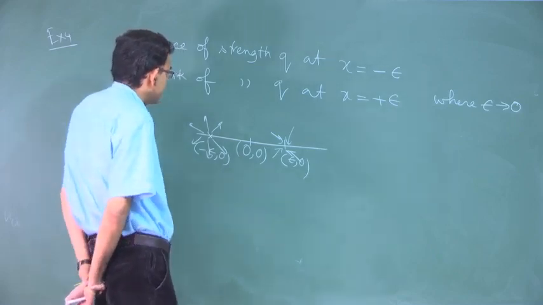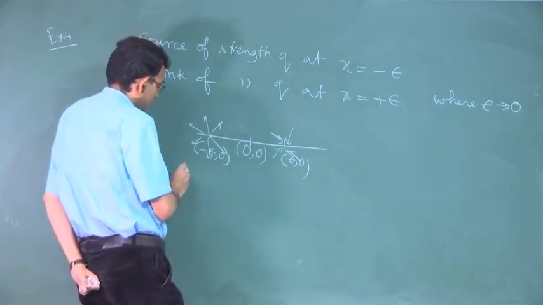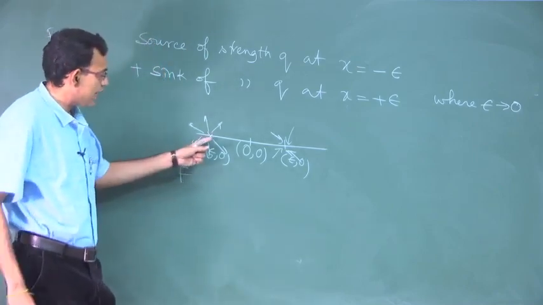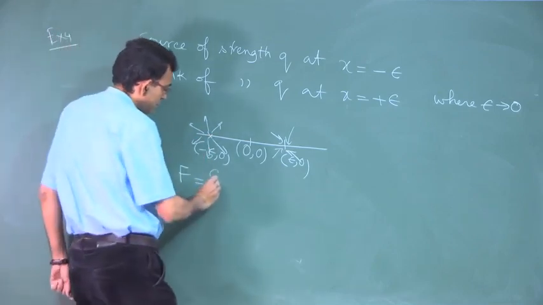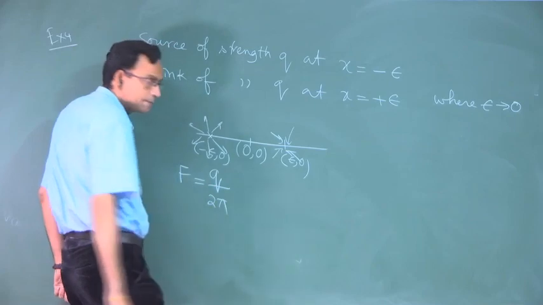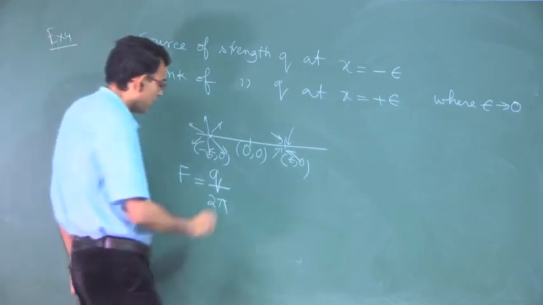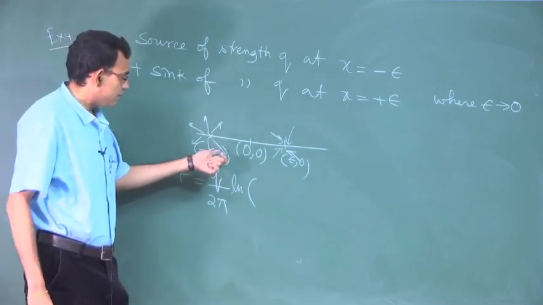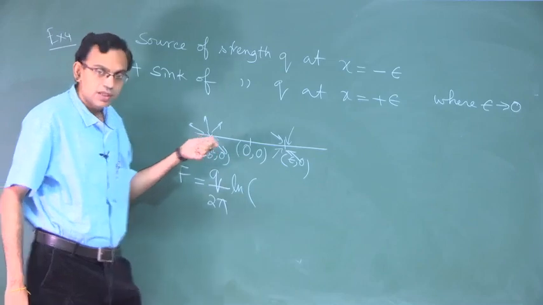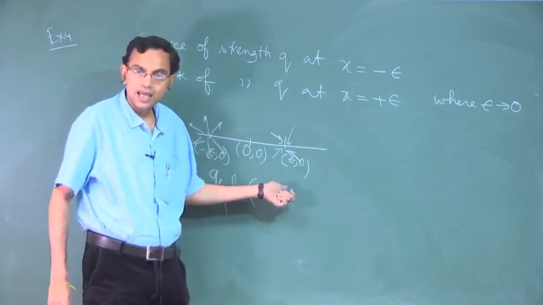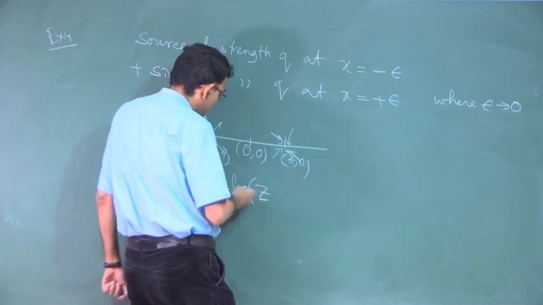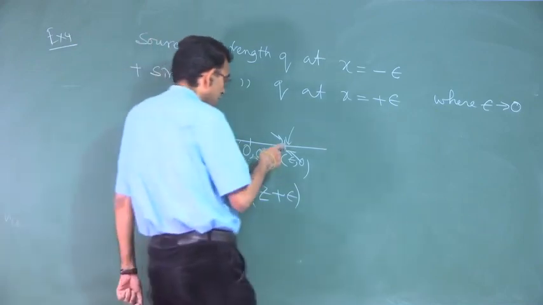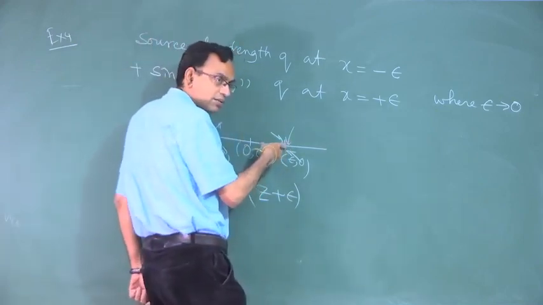So, now what is the complex potential? Superposition, source at this, q by 2 pi ln, shift of place from 0 to minus epsilon, see it was ln z minus a. So, z minus minus epsilon, and here it is a sink of the same strength.